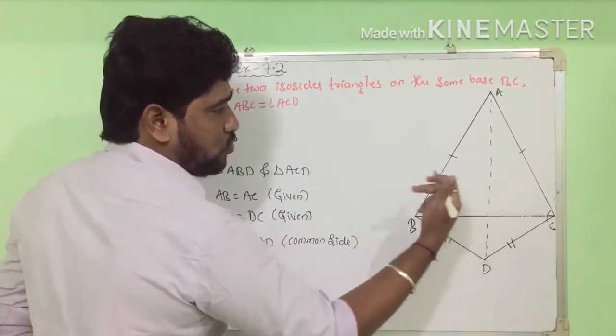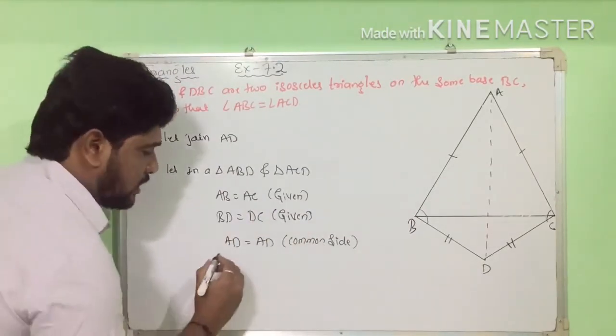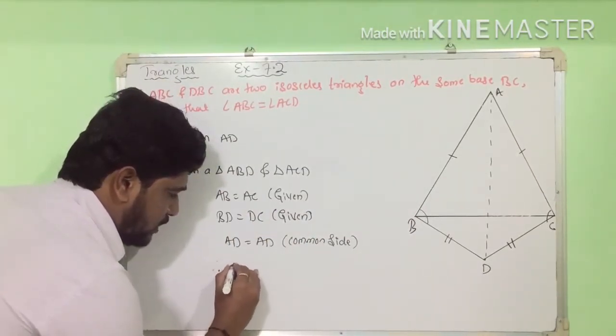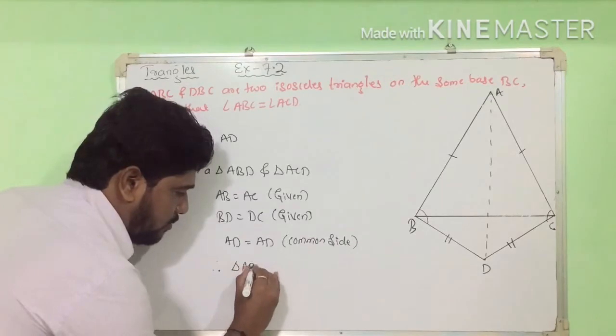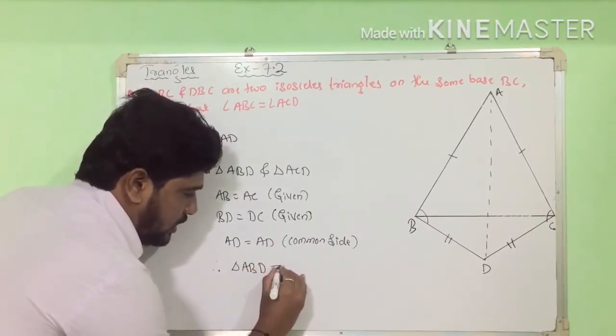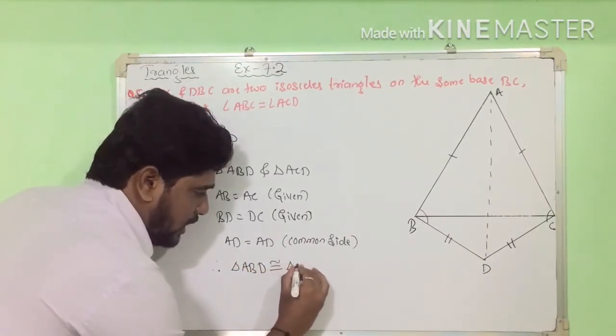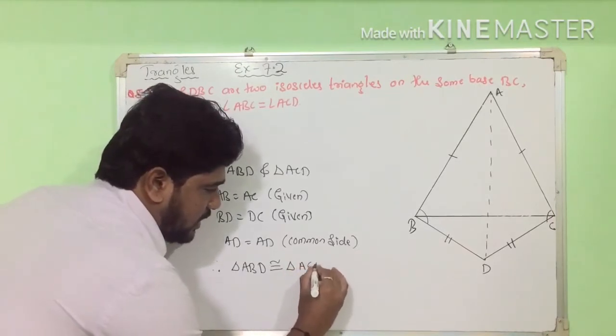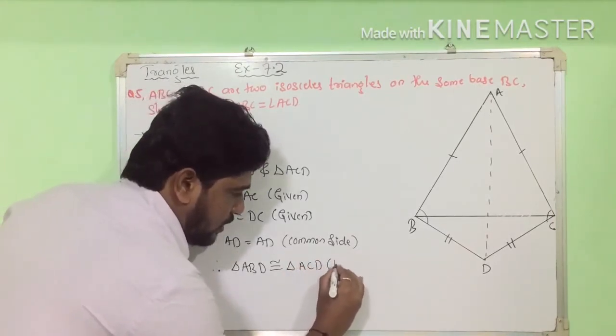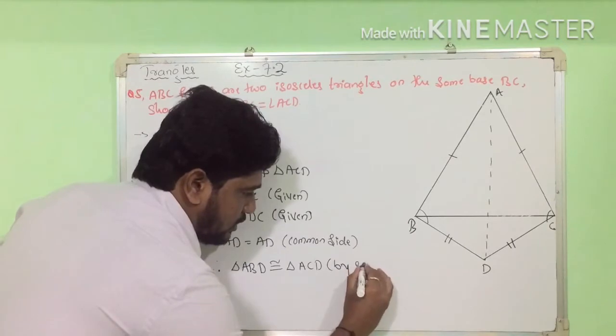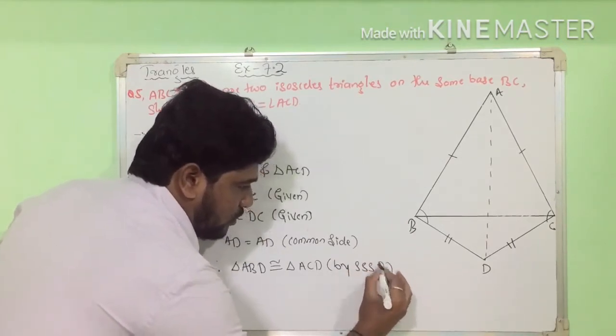It means that these two triangles are congruent to each other. So therefore, triangle ABD is congruent to triangle ACD by SSS rule.